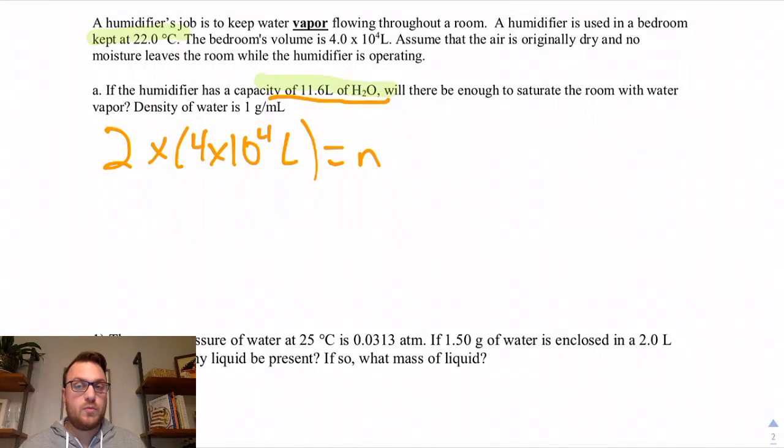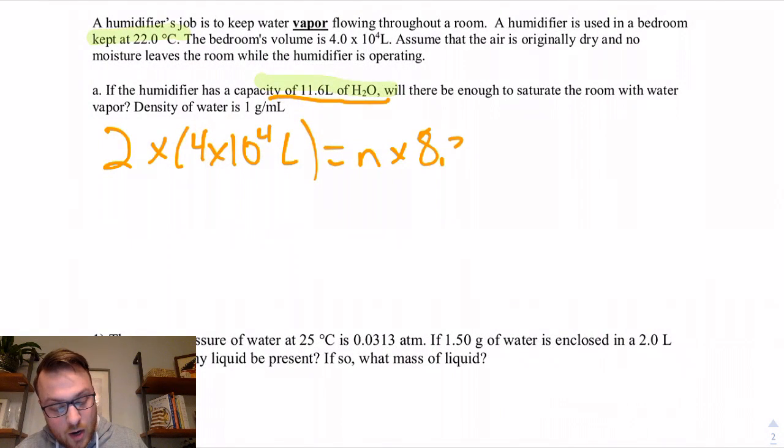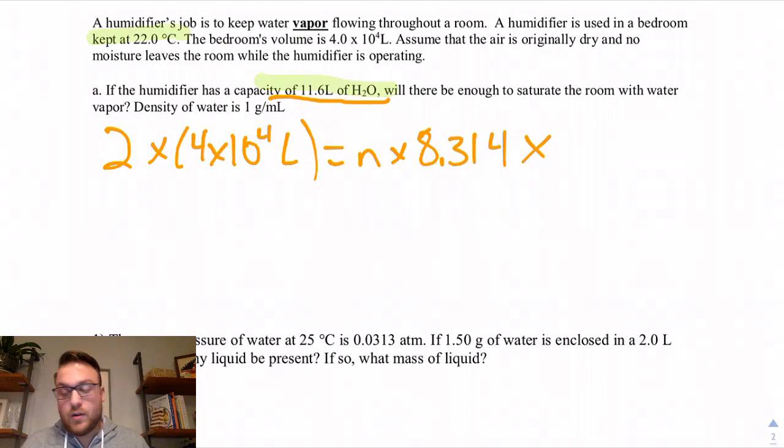R is 8.314 for kPa. And then convert 22 degrees Celsius to Kelvin, which should be 273 plus 22 is 295. 295 Kelvin. So you're solving for n again.